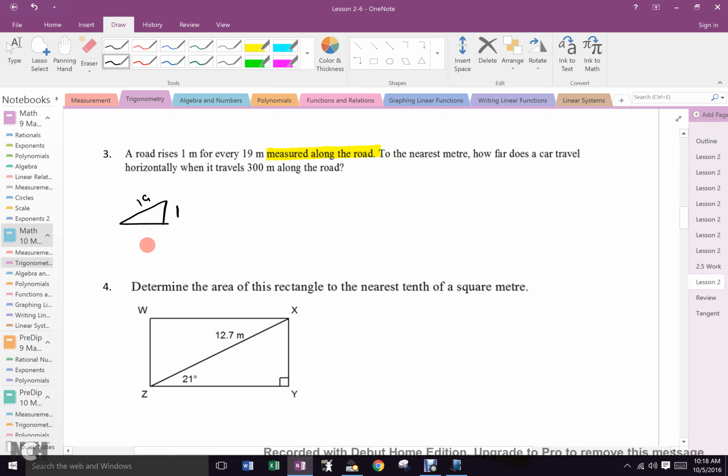Now, do you have your triangle? Yes. But I want to know this triangle. I have driven 300 meters along the road. How do I find out this horizontal distance, which I'm going to call X? There are 2 ways to do it.